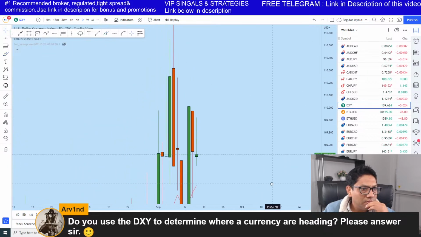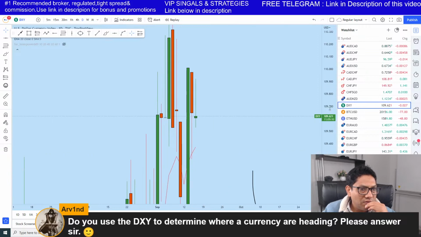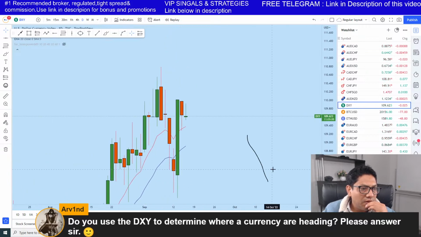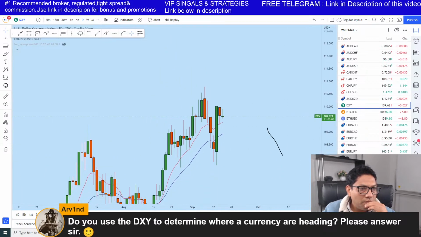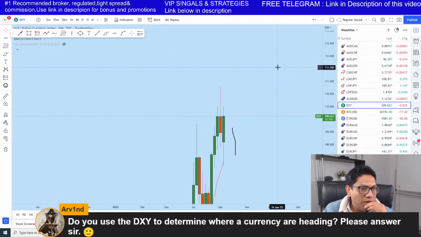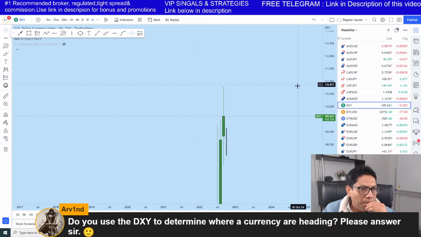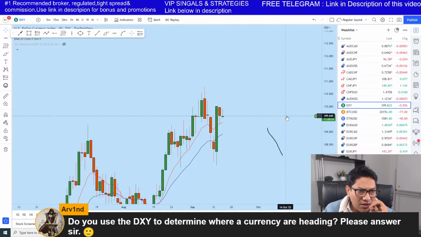Weekly candle. Okay, weekly bullish, monthly bullish, daily a little bit bearish, but still we don't know because there is a bullish engulfer followed by this doji.